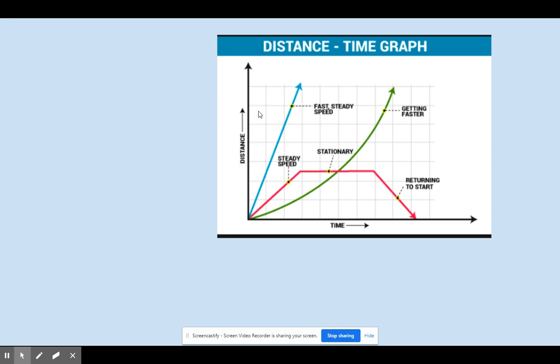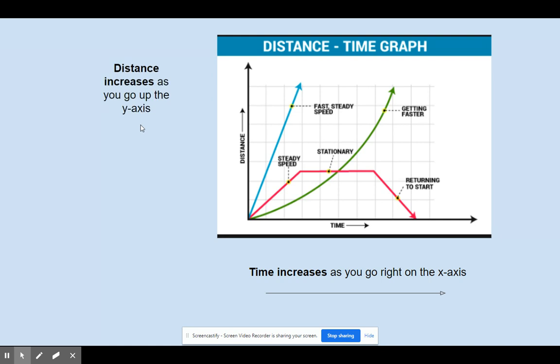So your y label is distance and your x label is time. As you go across, time is passing. And as time is passing, there's going to show some kind of distance, either going away or going towards something.